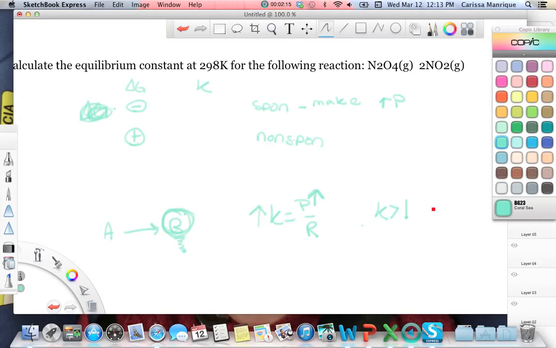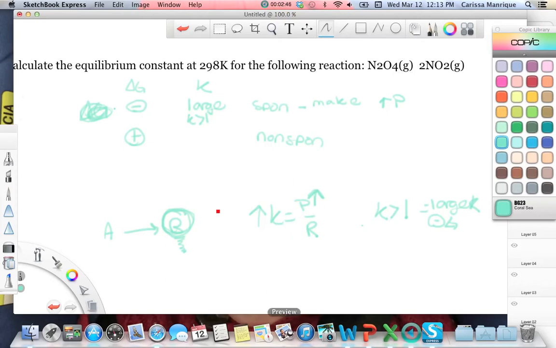That means you have a large K, and that means you have a negative delta G. We define large as greater than 1, so basically it's a positive exponent. If you have a large K, you've made a lot of product, and that means it's spontaneous.